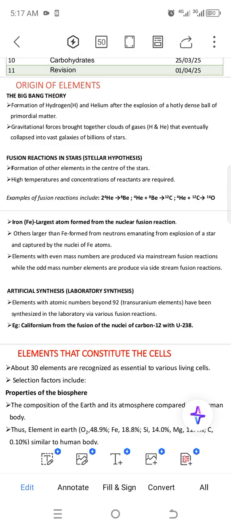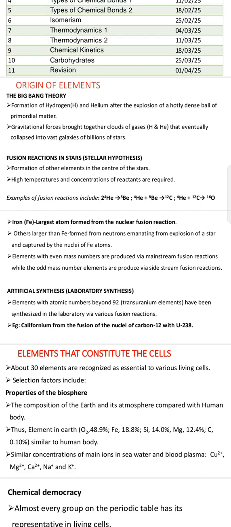And based on that hydrogen and helium, we're able to get other elements through the collapsing of vast galaxies of billions of stars.